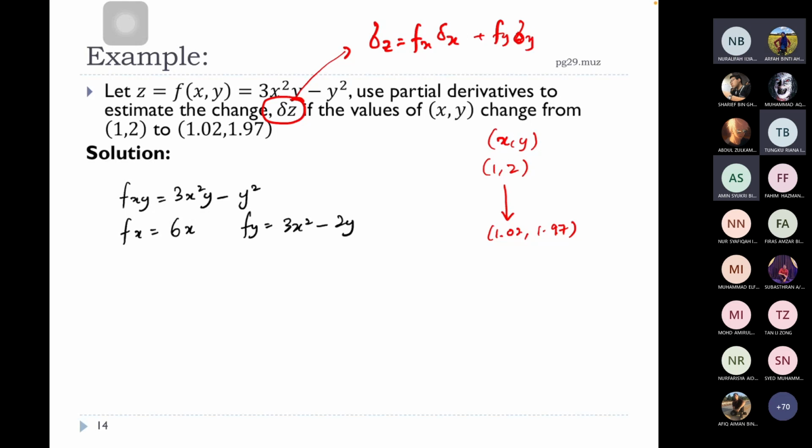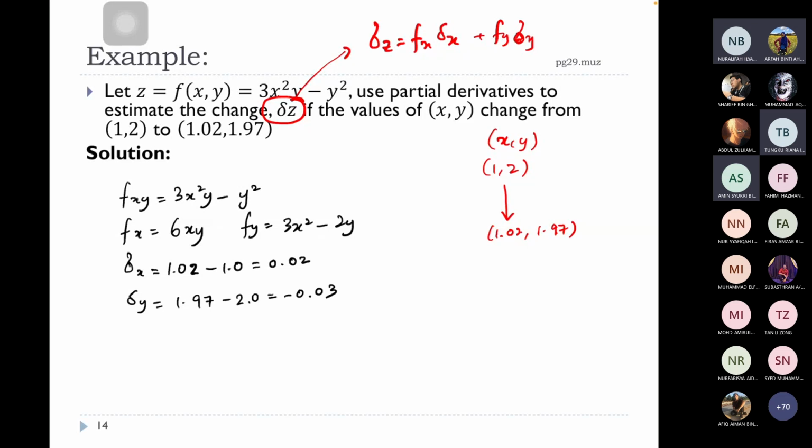Okay, 6xy, this one. So, delta x, perubahan dalam x dia berubah daripada 1 ke 1.02. Okay. And the changes in y is 1.97 tolak 2.0, negatif 0.03. Okay.